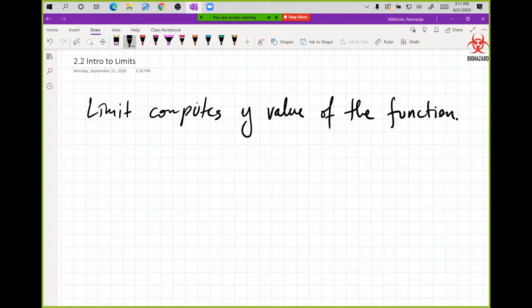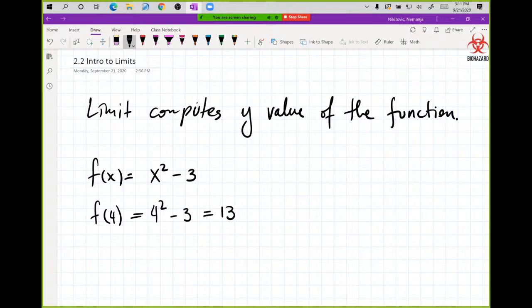So now, when you think about that, we have exactly the same thing that's happening with functions, right? From pre-calc 1. If you have the function f of x equals, let's say, x squared minus 3, and you want to compute f of 4, that's just going to be 4 squared minus 3, which is 13.